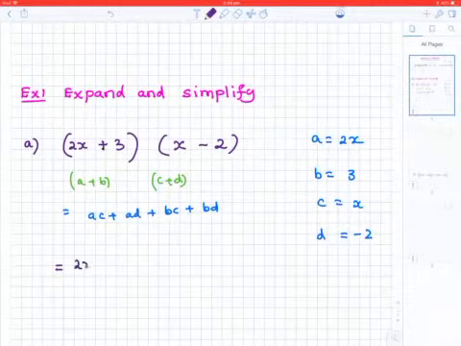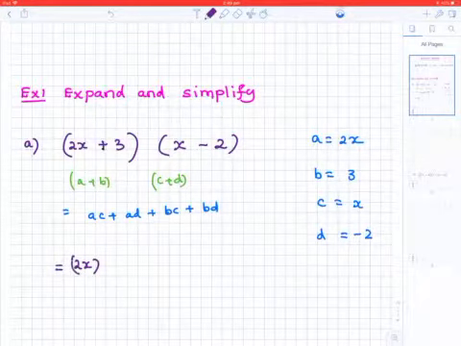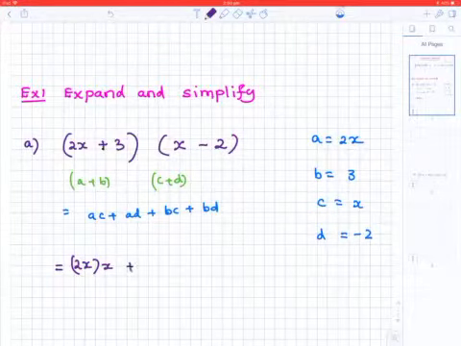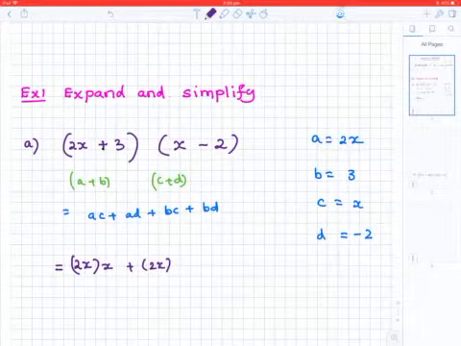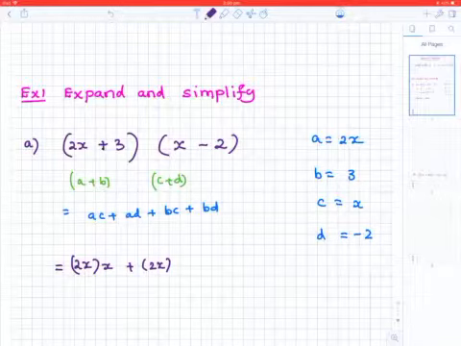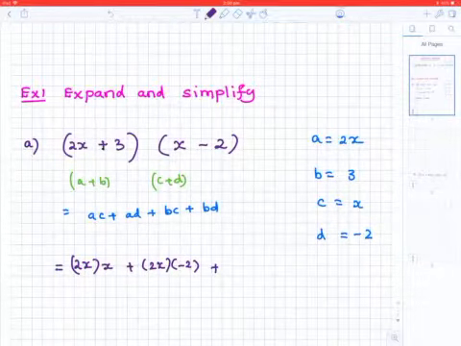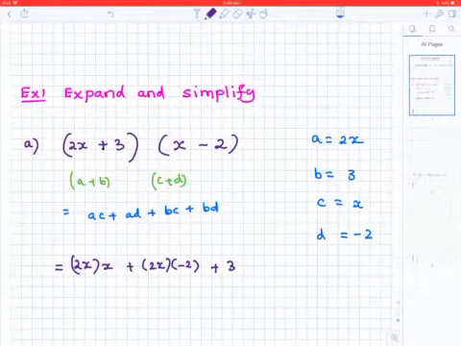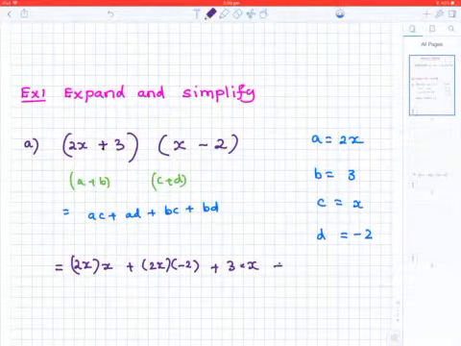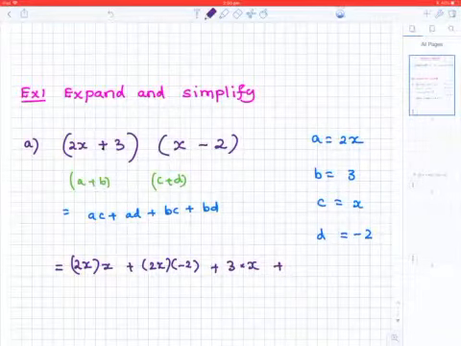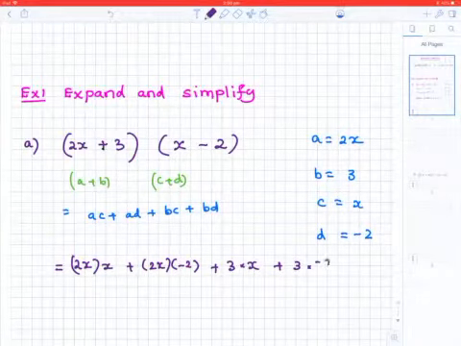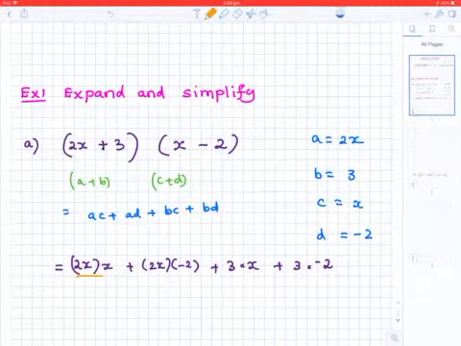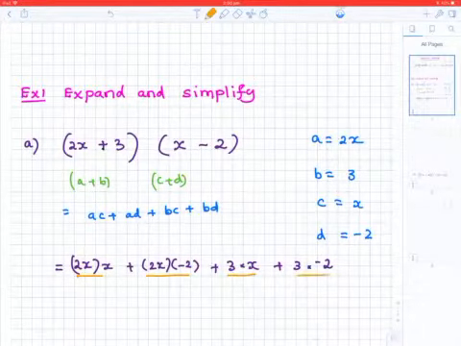If I use that method, my question now becomes: my A is 2x, so 2x, I'm going to put them in brackets, 2x times C, which is x, then plus AD is again 2x times D, which is minus 2, plus BC, B is 3 and C is x, 3 times x, then plus BD, B is 3 times minus 2.